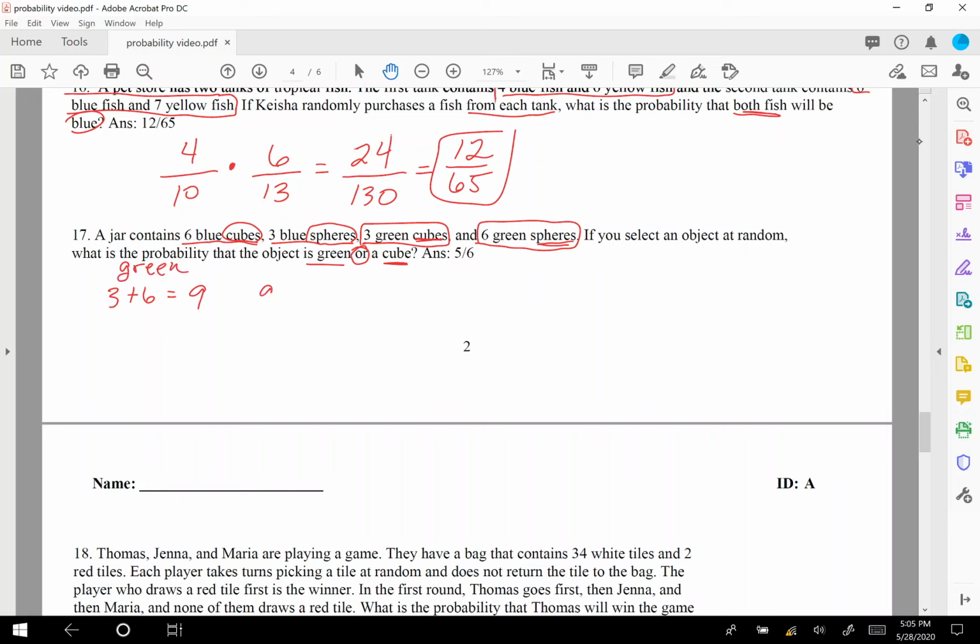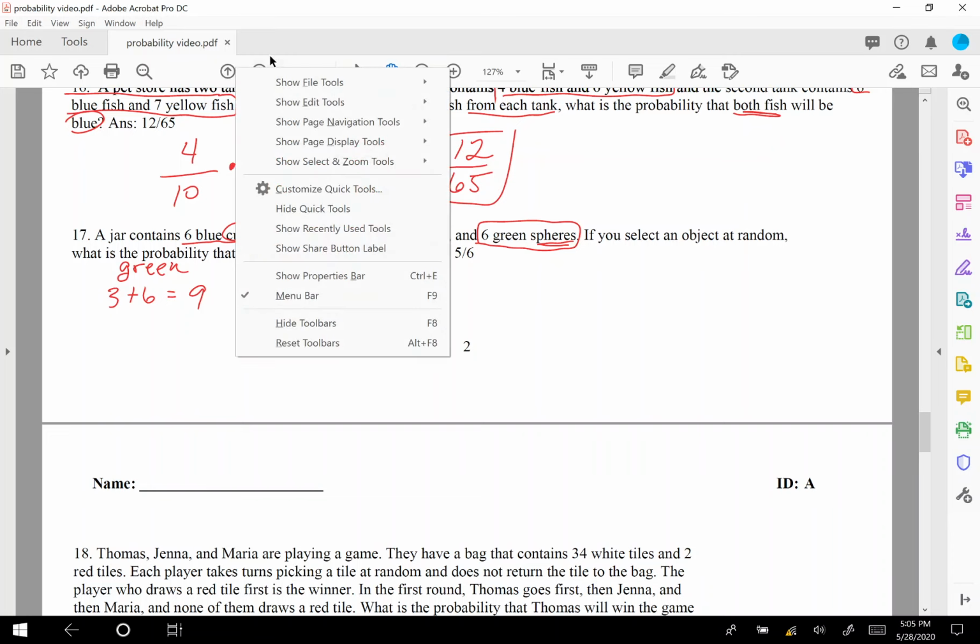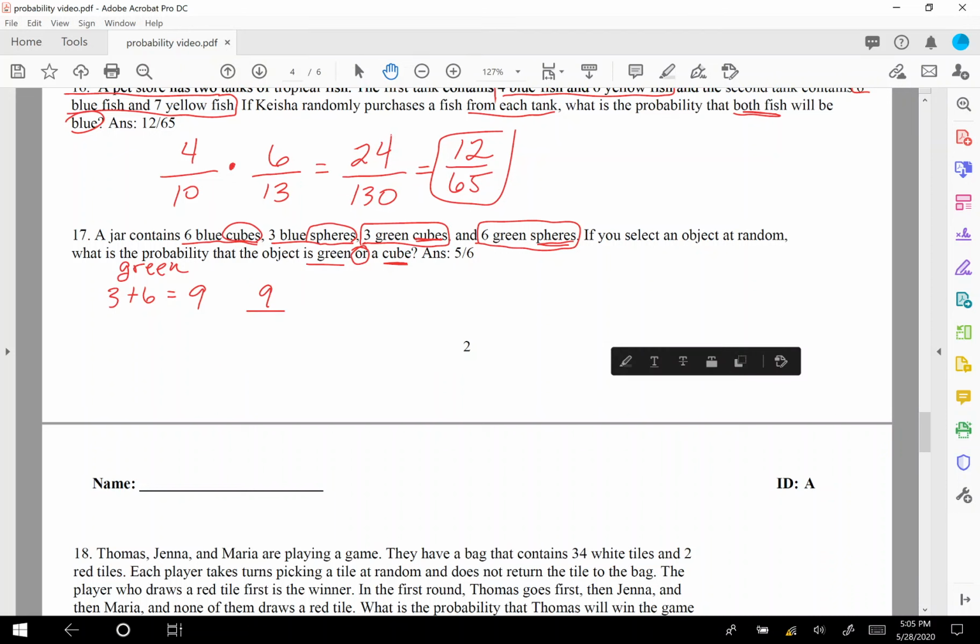So this is 9 things that are green out of, and then how many total things are here? Well, 6 plus 3 is 9. Then we have over here 6 plus 3, that's also 9. So 9 plus 9, there's 18 total things in this bag. Okay, or the jar. So 9 out of 18 are green.